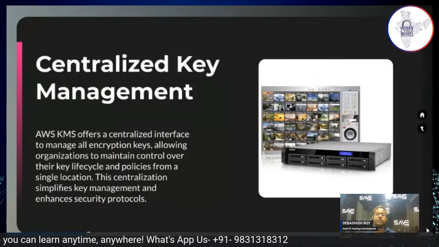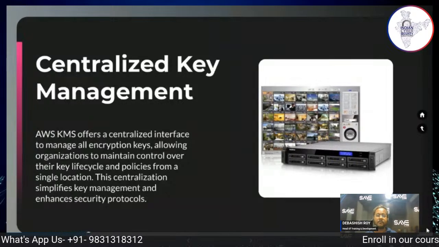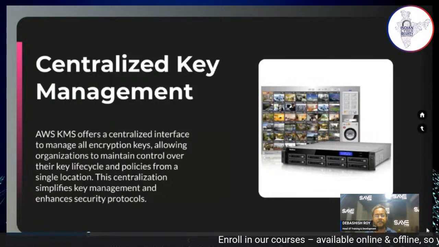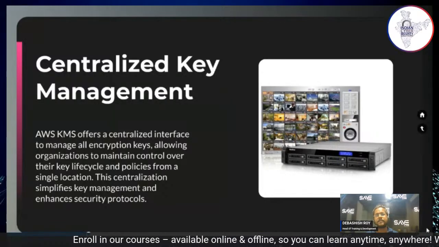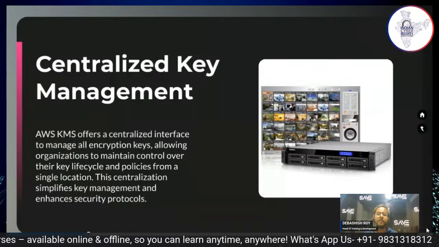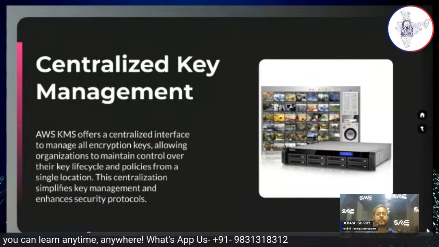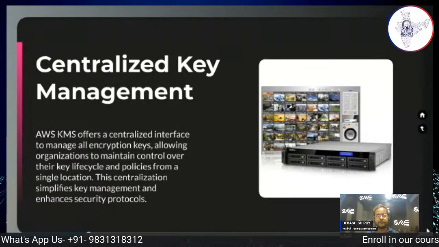All these to be managed centrally, and policies from a single location. So you have to define some policies also, and that can also be done centrally. This centralization simplifies key management and enhances security protocols definitely, because if you are using a decentralized approach, then it's difficult to control all these methods. But if you're using centralized control, it is very easy to have the administration over this.